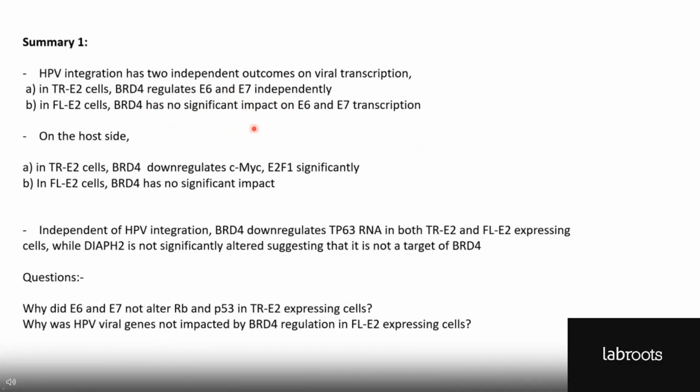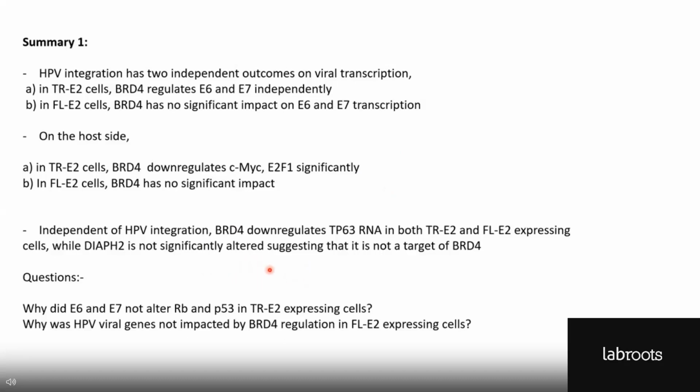In full-length E2, BRD4 has no significant impact on E6 and E7 transcription. And on the host side, whenever there is a disruption, BRD4 significantly downregulates E2F1 as well. We are independently evaluating this in other lines as well, and it seems to suggest that integration plays a role in how JQ1 interacts with BRD4 in other cases as well.